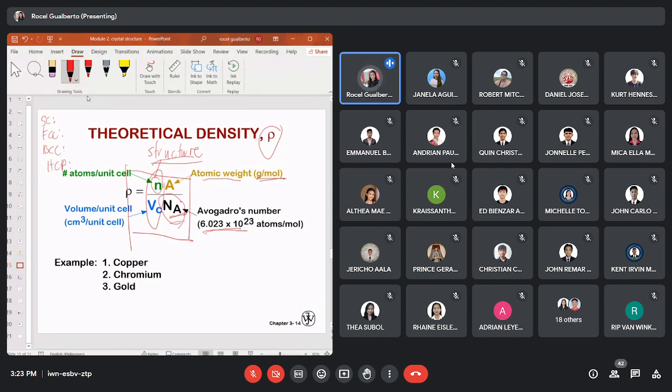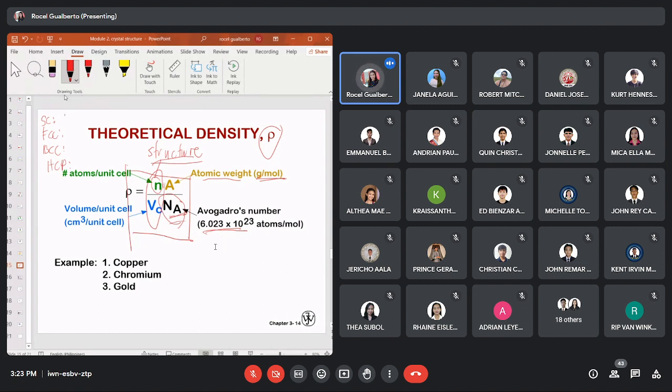So for SC, ilan po yung atoms in a unit cell? Ilan po? So ito po yung unit cell, tapos binilang natin ilan bang portions meron, tapos tinotal po natin. So sa kabuuan, ilan po ang atom in a unit cell of simple cubic? Oh, correct si Adrian.